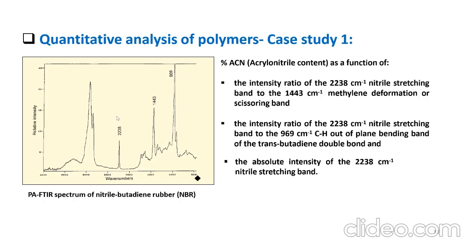Then this is the peak for acrylonitrile content. So here, we can take the ratio of two intensity peaks and then we can check which functional group is getting enhanced by doping or something.